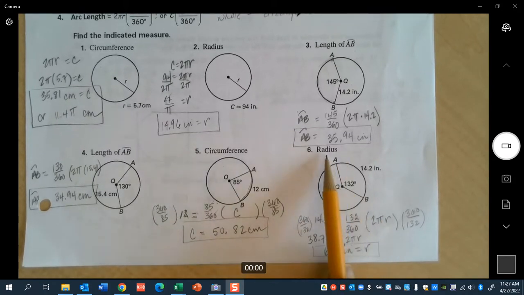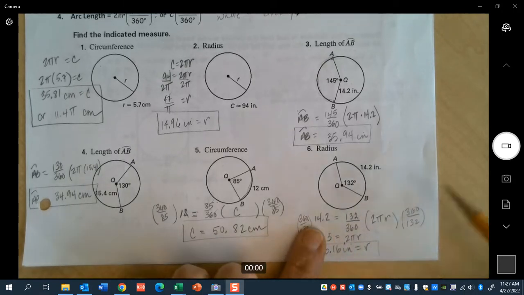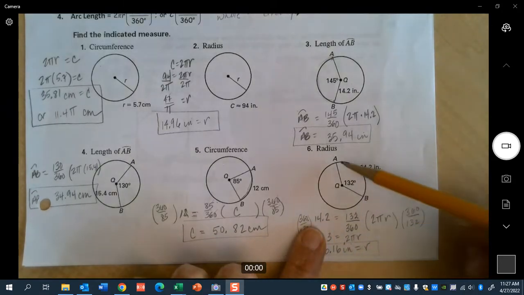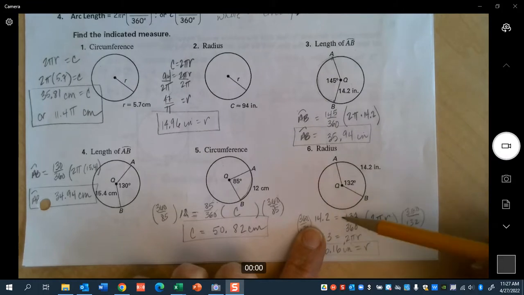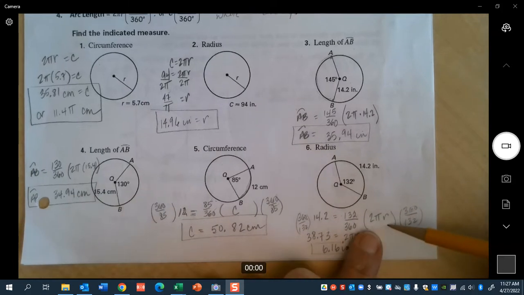Now for this one, they're asking for the radius. So instead of having the circumference here, I've got 2 pi r. Same thing. This is the length of my sector. My distance from A around the circle to B is equal to this fraction, 132 out of 360, of my whole.